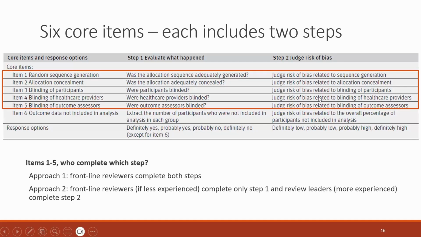It can be done by a more experienced systematic reviewer, for example. The review leader can then assess the risk of bias. Or if it's an experienced person anyways, then this person can do both steps basically in one go. Or a junior systematic reviewer basically evaluates step 1, and then a more senior systematic reviewer makes the decision in step 2. So these are two approaches.